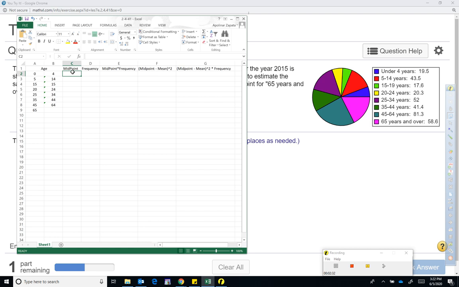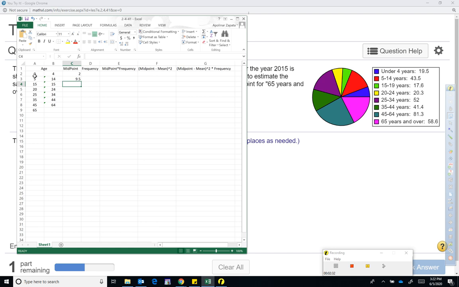Now the midpoint is the value that falls between the 0 and the 4. That is going to be easy. It is going to be the number 2. Which number falls between 5 and 14? You can figure out that number or just enter a calculation. Remember that the midpoint is the sum of the two limits divided by 2. So let me use this number plus this number, close parentheses, and the total divided by 2.